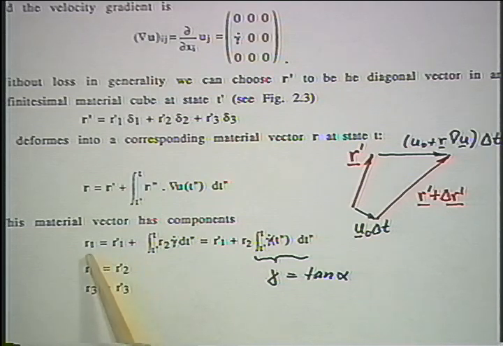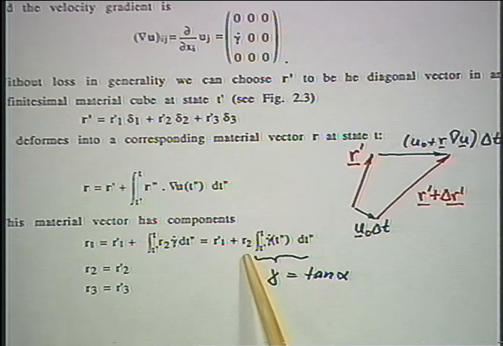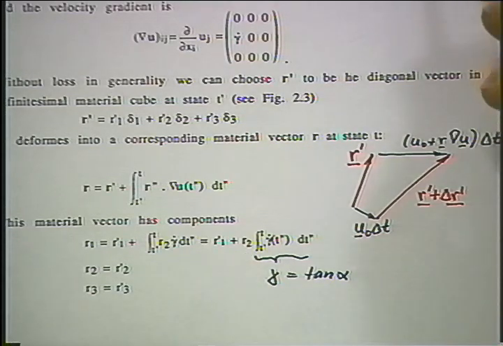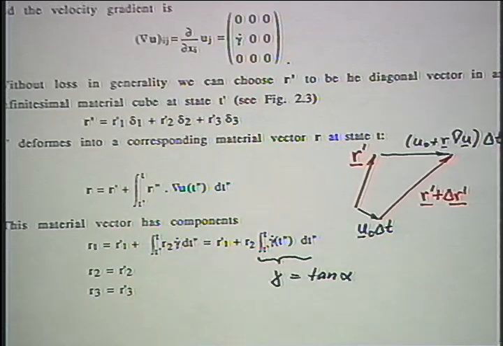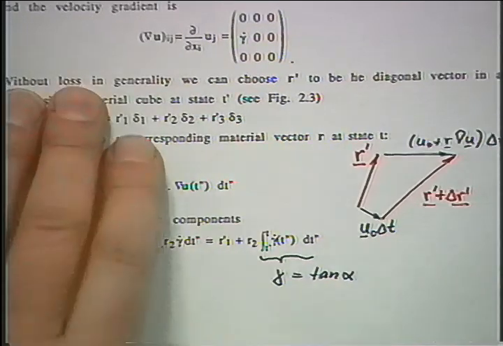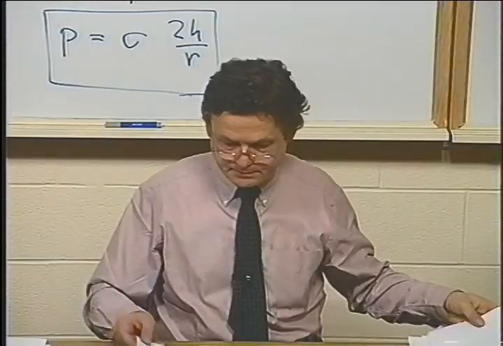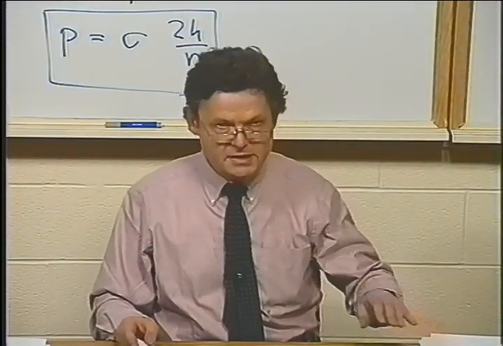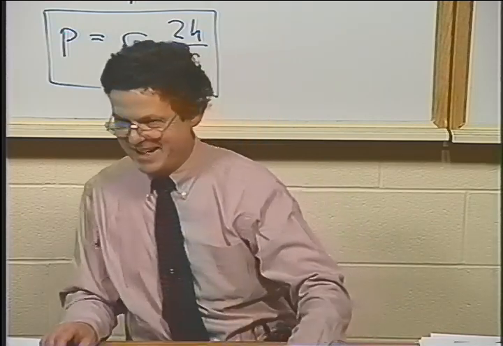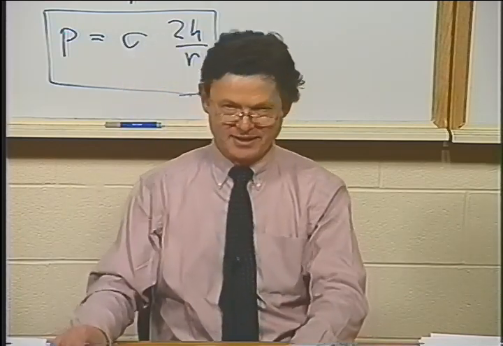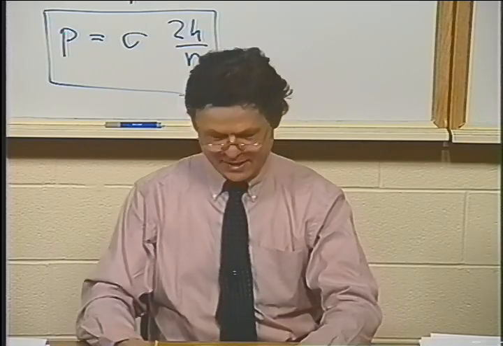Then we find that R1 is equal to the old R1 plus the distance here times gamma, and R2 and R3 stay the same. So that would be a typical calculation. You will see that in different contexts. Again, I will go through this when doing further calculations.